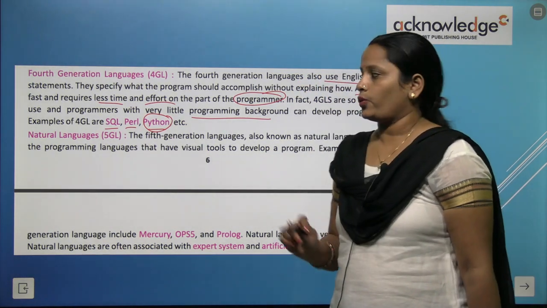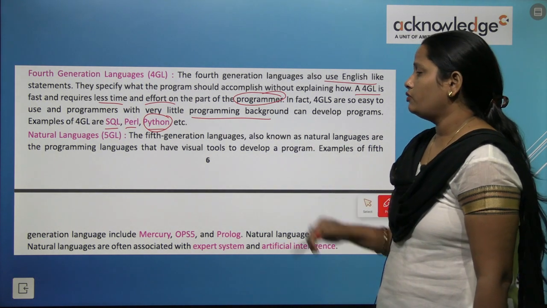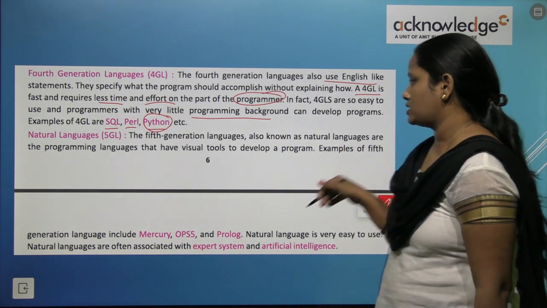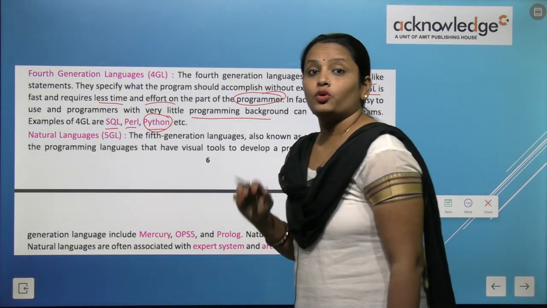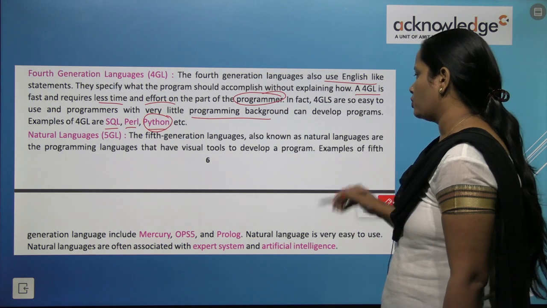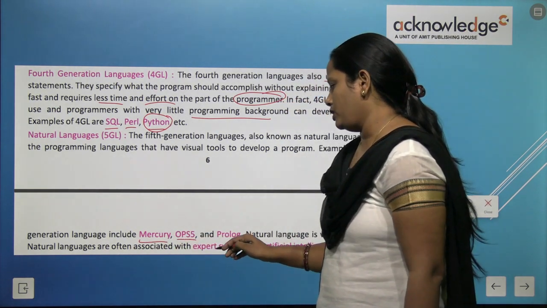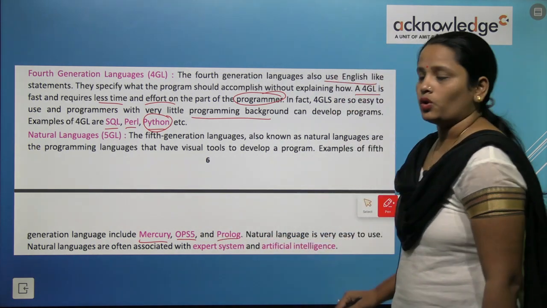Next is natural language. It is a fifth generation language. The fifth generation language is also known as natural language, a programming language that has visible tools to develop a program. Examples of fifth generation languages are Mercury, OPS5 and Prolog.